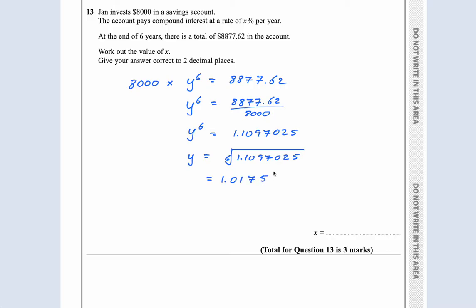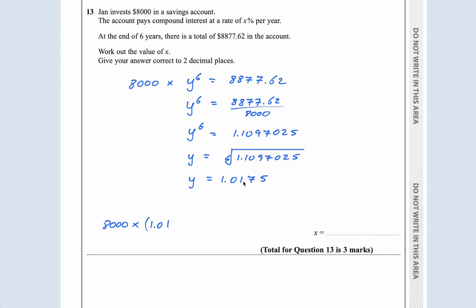1.0175. Okay. Now, that's not x, that's y. That is what we multiplied by to get this. Now remember, when we're increasing 8,000, if it was 5%, I multiply by 1.05. If it was 1%, I multiply by 1.01.